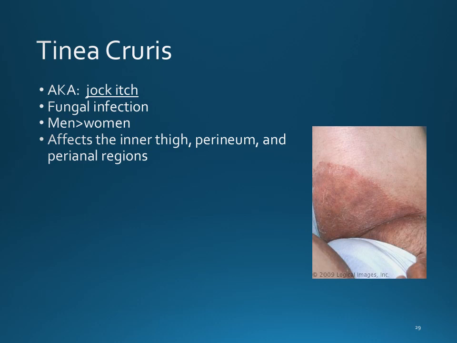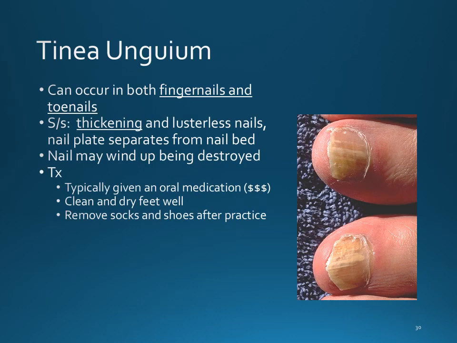Cruris is going to be somewhere in the inguinal lines or perineum, perianal area. All right, unguium. So anytime you see the word unguium, it typically means nail, okay? Nail. So we usually see this on toenails, but it can occur on fingernails as well.